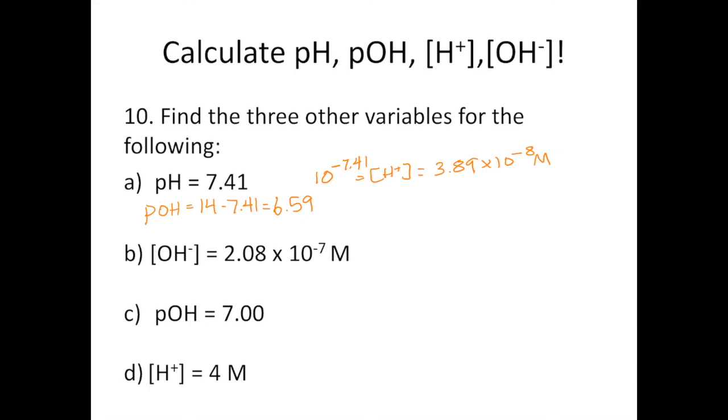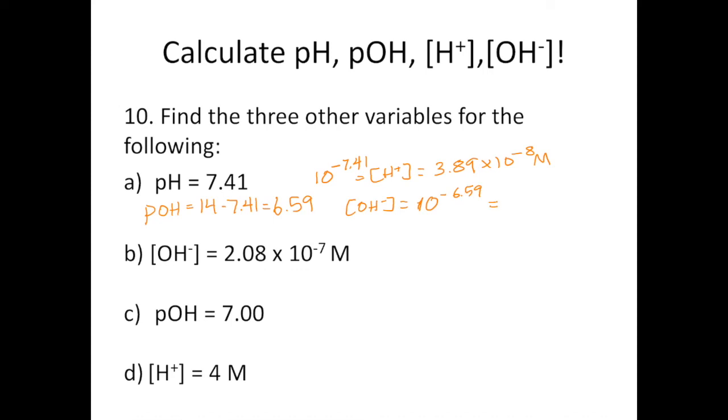Okay, so I can go two ways to get OH minus. I can either take Kw divided by H plus, or I can do the inverse log of my pOH. Again, it's whatever you like. So what I'm going to do is the inverse log, because it's less buttons.